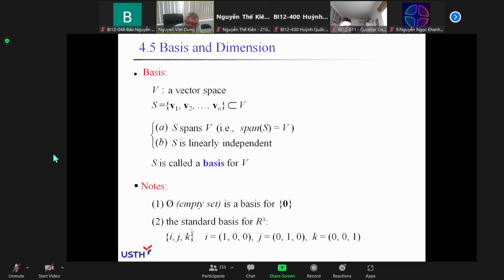The next one is the standard basis for R3. It has a basis usually denoted by i, j, k. i is 1, 0, 0, j is 0, 1, 0, and k is 0, 0, 1. Those are the three unit vectors in the coordinate space. We have it in high school, so I will not draw it here.